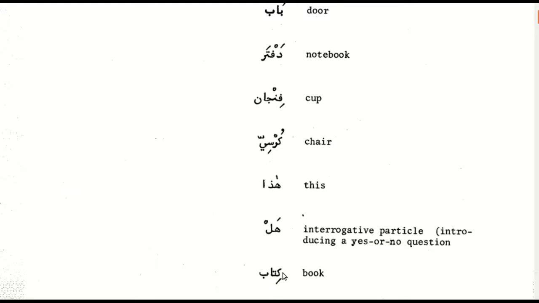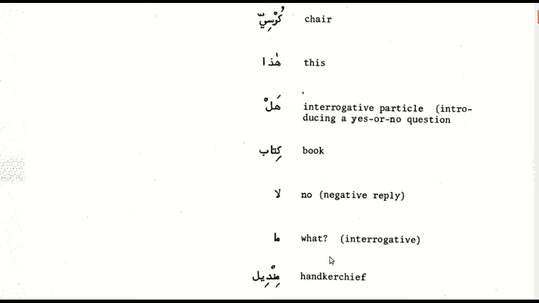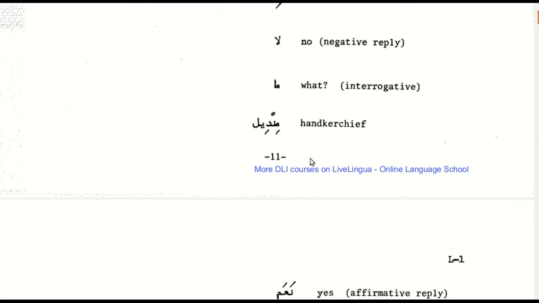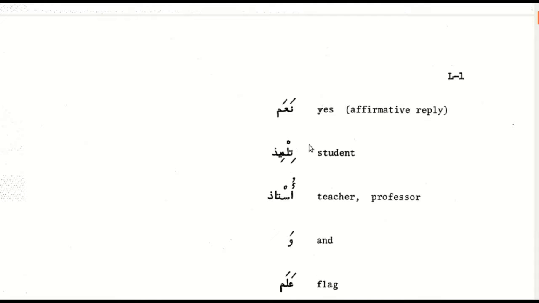Kitab, we already know it's a book. La is a negative way to reply, which means no. Ma is a question word, which means what. Mindil means handkerchief. Naam means yes.